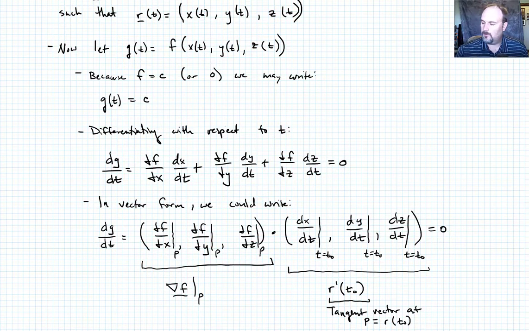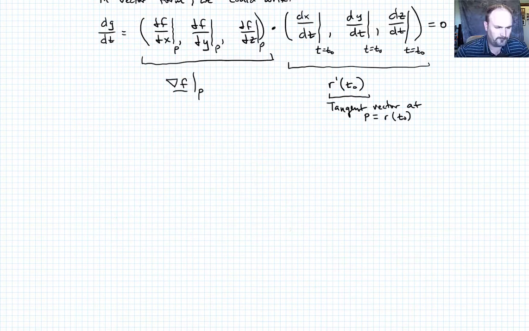So what does that tell us? Back to what we know about vectors: if two vectors have a dot product of 0, they're orthogonal. And if the second vector is the tangent vector, then the gradient vector must be orthogonal.